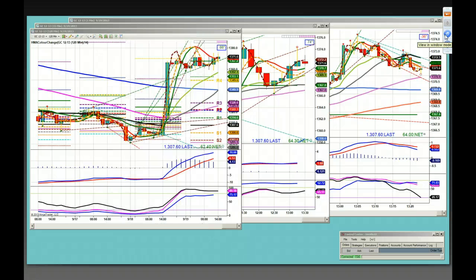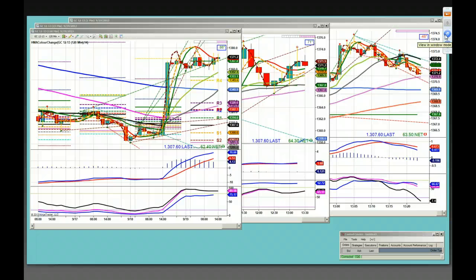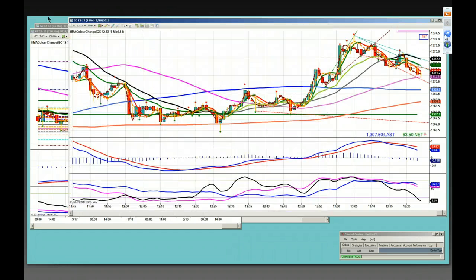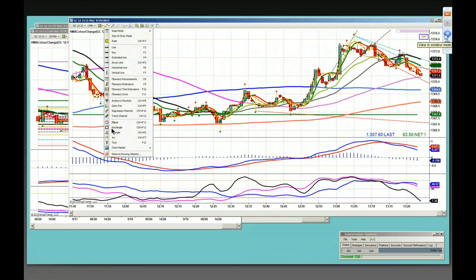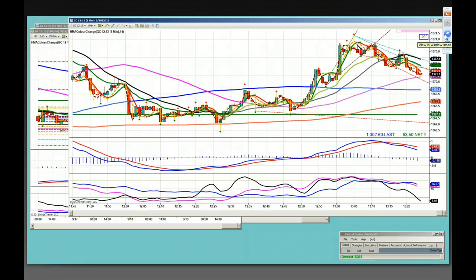So, does that make sense? Let me see here. What do you use as an entry? Well, the entry always comes down to your strategy that you're going for and your desired targets. If you're doing a reversal trade here, well, you could have started when the HMA changed color on the 1 minute chart.